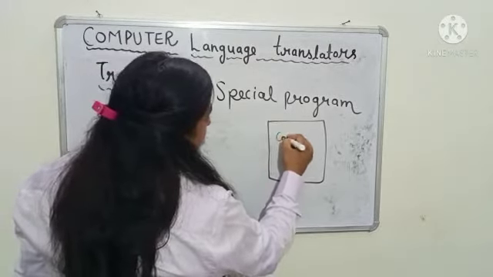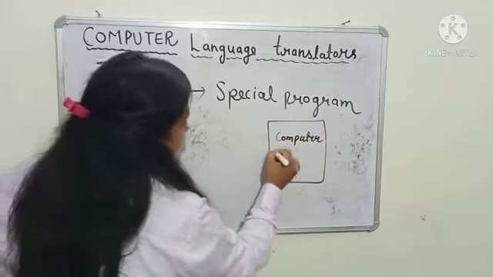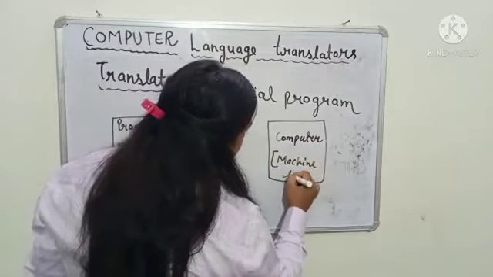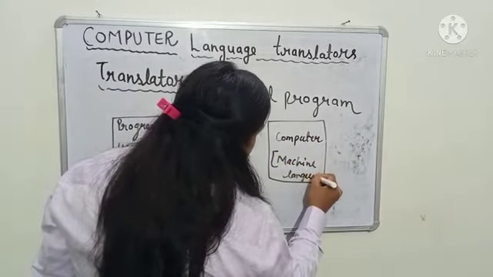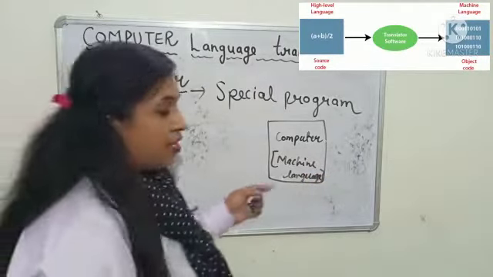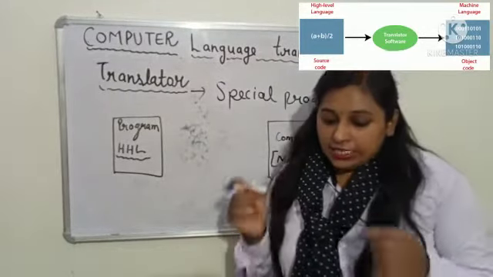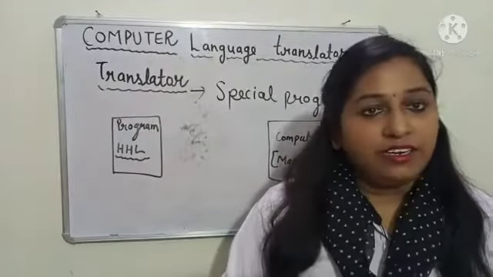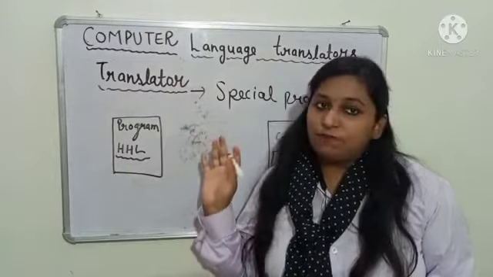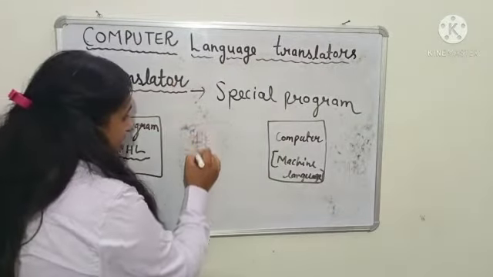So suppose this is a computer, and the computer understands which language? Machine language. Right? So how is it possible for the computer to understand high level language? It is not possible. That time we require a translator. The translator resolves this problem, because the translator works like a mediator.